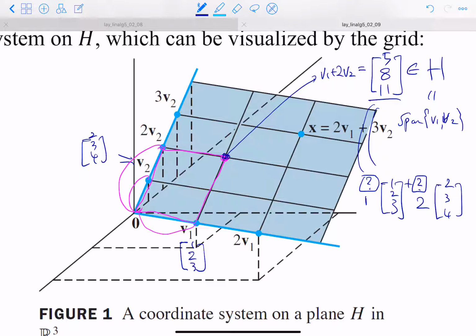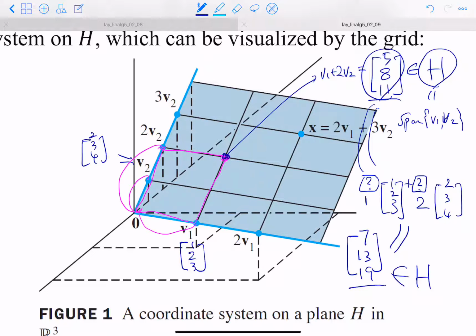And then now let me give another vector inside of our subspace H, maybe this guy. And I'm going to say that this guy is also chosen from our subspace H, which means it is represented in terms of our basis vectors, which are linearly independent as well.